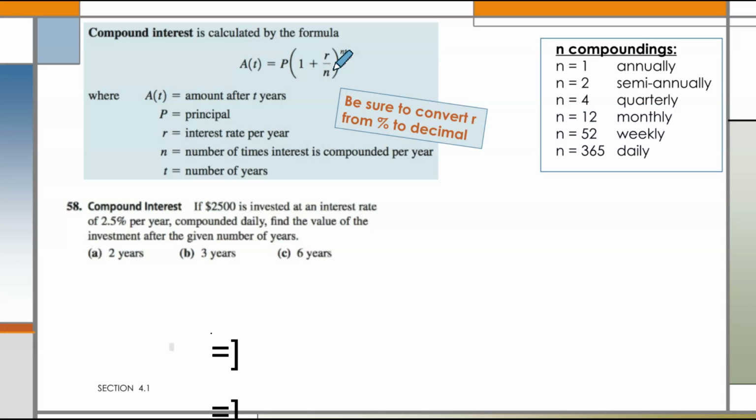So in our problem, should they say the interest is compounded annually, we know we have an n, and n is 1. If the problem says interest is compounded monthly, then we know we have an n, and n is going to be 12.